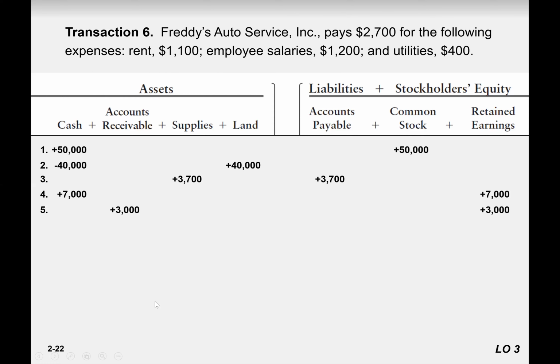Transaction 6, very important. Now, Friday's Auto Service Incorporation pays 2,700 for the following expenses: rent, salary, utilities. Now tell me how we are going to record it. The question is silent on how they paid.